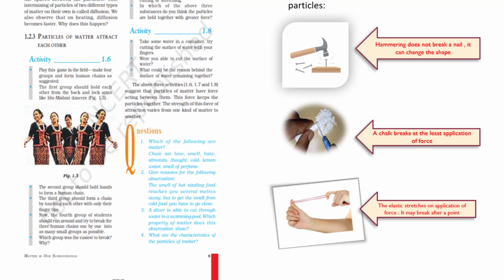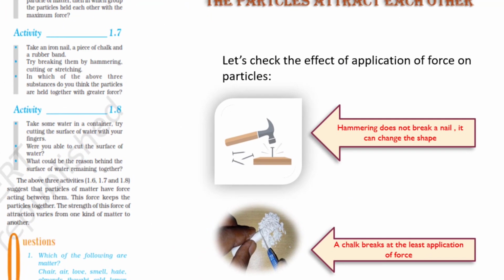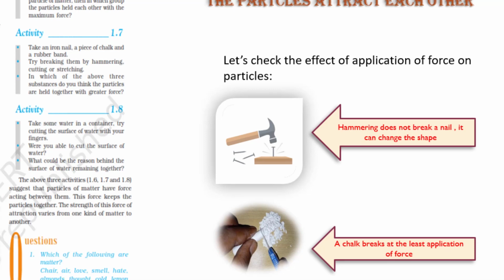In this activity 1.7, we will try to show that even solids can behave differently. Look at the nail. We are trying to hammer it. When we hammer a nail, two things can happen to it. Either it will go inside the block of wood, or it may not go inside, it may even bend.